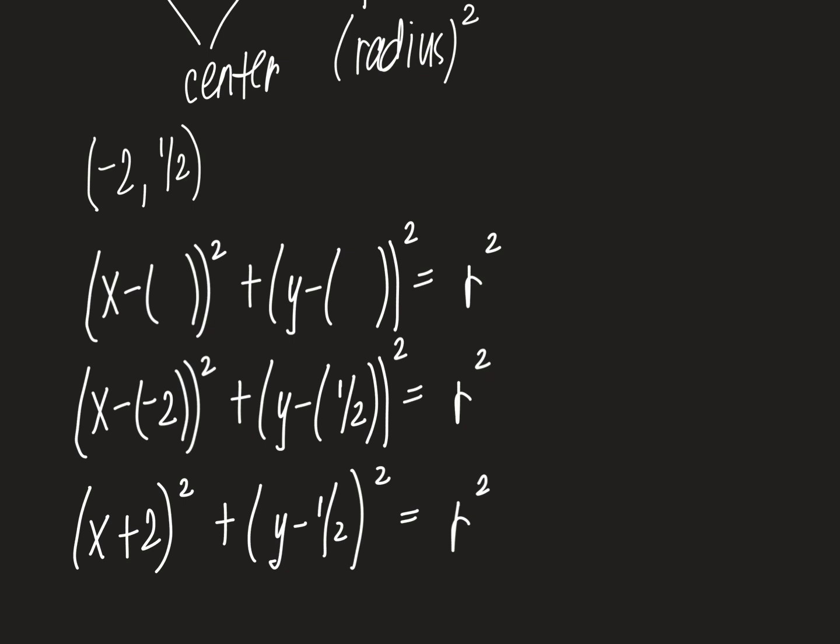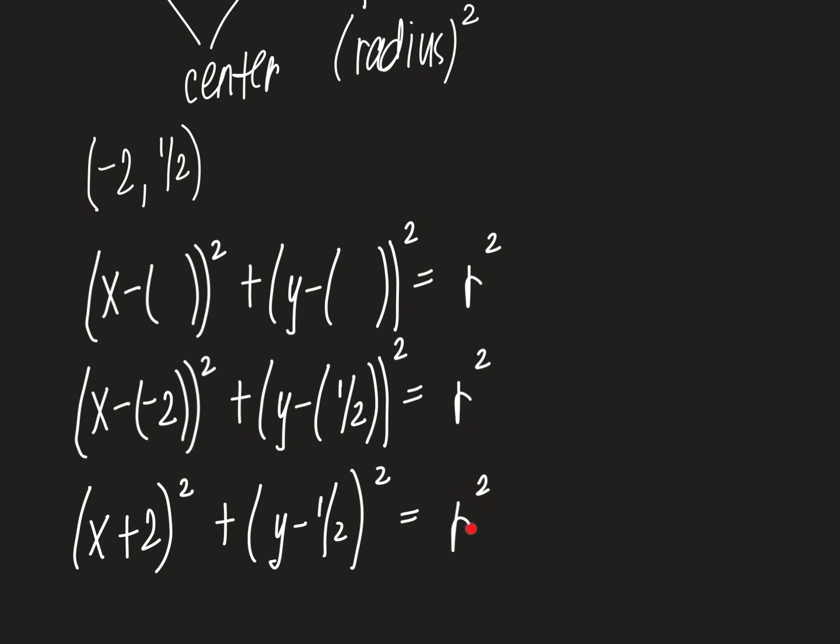The y minus, well, I put the 1/2 right there, and we'll just call that y minus 1/2. It's a whole lot easier to just realize, hey, whatever my center is, when I see it in the equation of the circle, the signs are the exact opposite. The signs that I see in the coordinate are the exact opposite of the signs that I see whenever I'm actually viewing the equation of the circle.